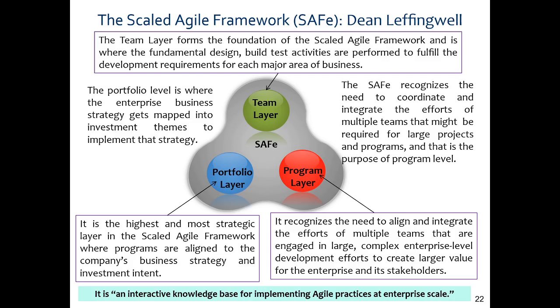Team layer, just see to it, is about the team activities. Then program level recognizes the need to align and integrate the efforts of multiple teams. And portfolio is about the strategy, how the work can be allotted, and what the response of the team is. That is what is analyzed.